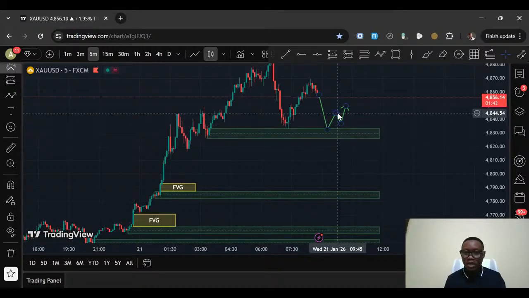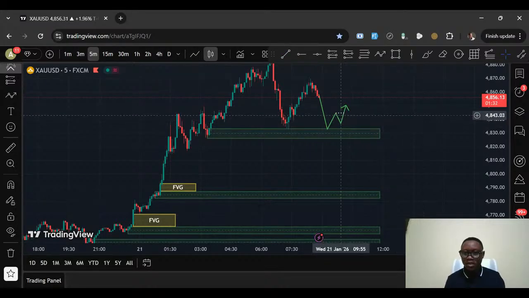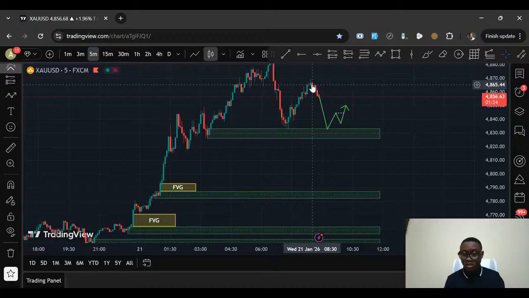Then you wait for price to take out the last swing level that was created. When price takes this out, this zone that caused this break or market shift, the internal market shift, this is an internal structure.